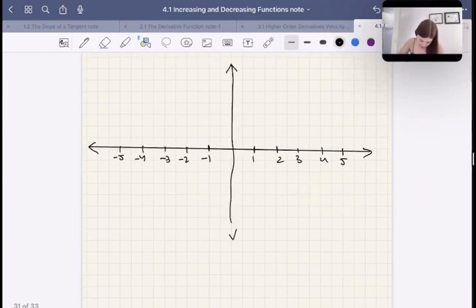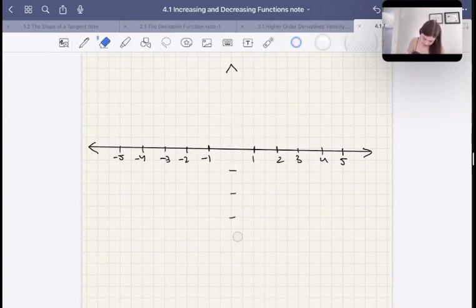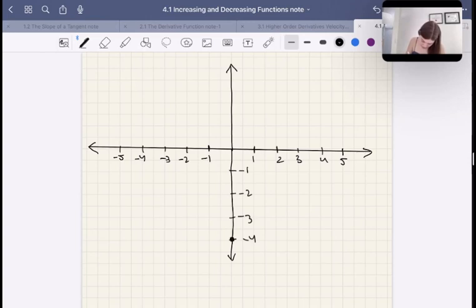Oops. There we go. Let's not make our line so short. There we go. So (0, -4). There we go.